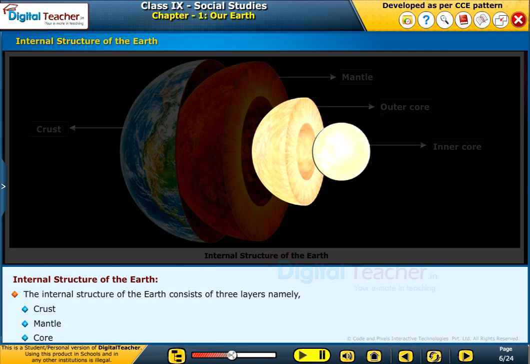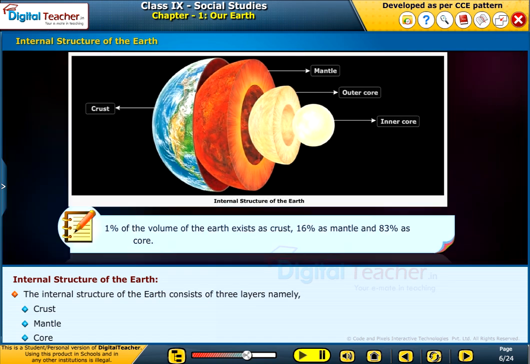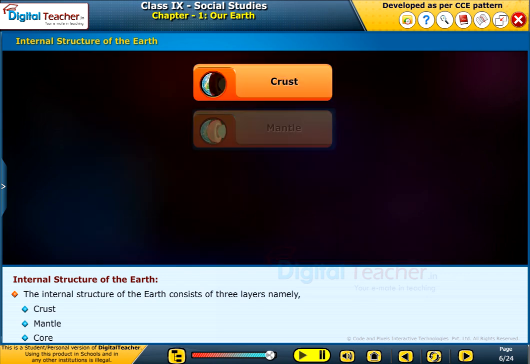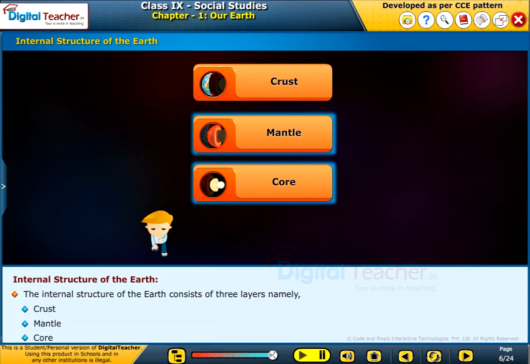The core is divided into 2 sublayers, that is, outer core and inner core. Note: 1% of the volume of the Earth exists as crust, 16% as mantle, and 83% as core. Click each tab to know more.